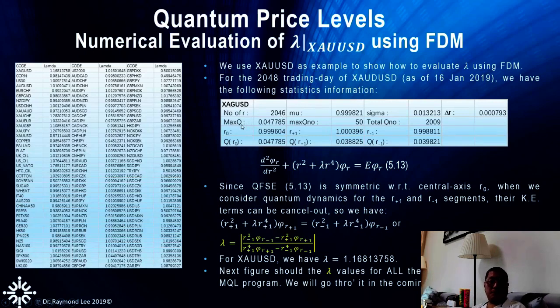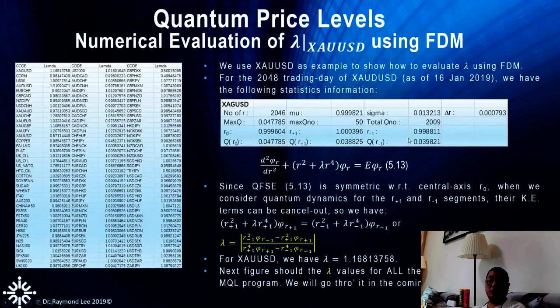And the maximum is 1, of course. The R0 is very close to 1. So the first one is 100,396. It depends on your slide, of course. And the other side is something like this. And we calculate the Q value at these 3 points.